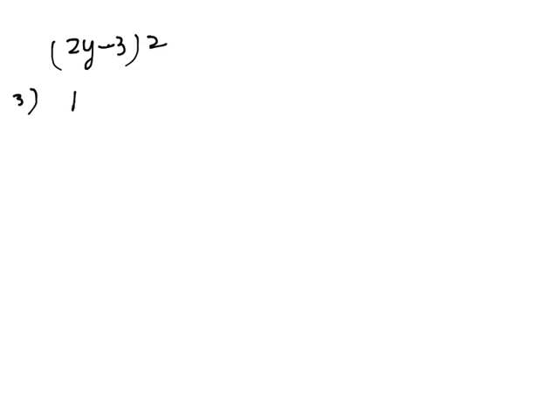Next question we have p square q square minus 6pqr plus 9r square. So clearly here we are using the identity a minus b whole square. Now we will see how we will replace a and b with the given expression.